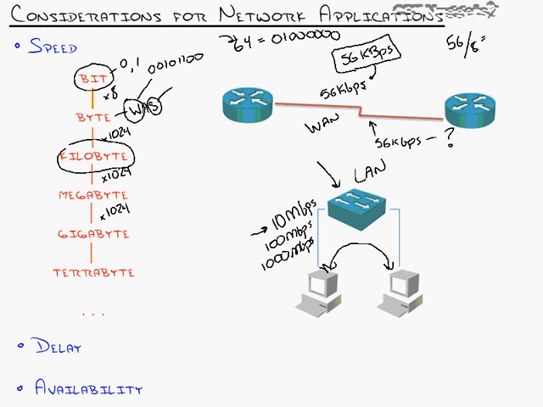Who knows, really? I mean, the WAN links of today are so varied in their speed, it's just silly. For example, you might have heard of a T1 line. A T1 line is considered a pretty decent connection. A couple years ago, it was considered really fast, but a T1 is 1.544 megabits per second.